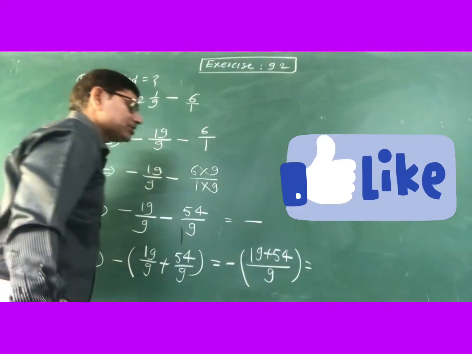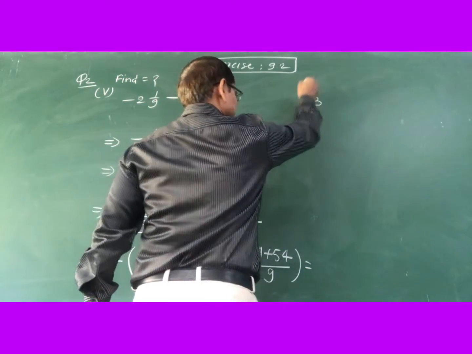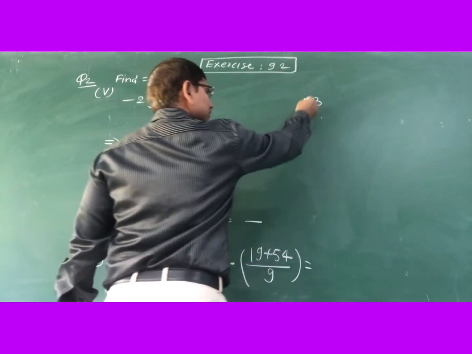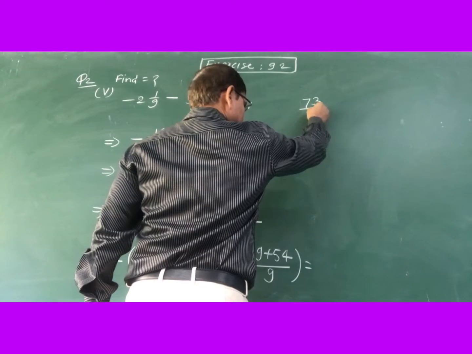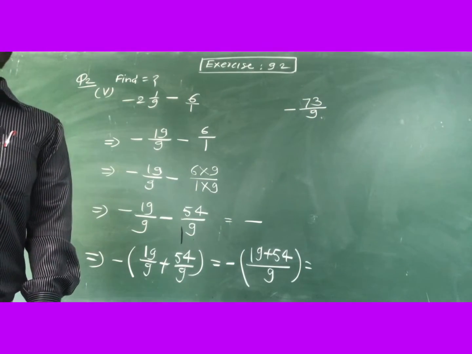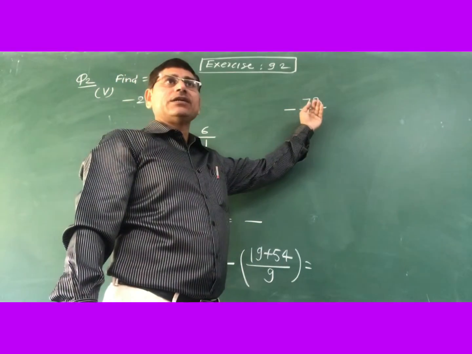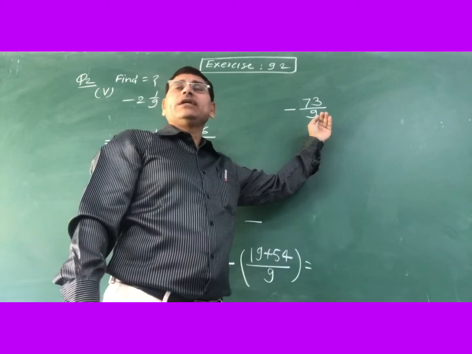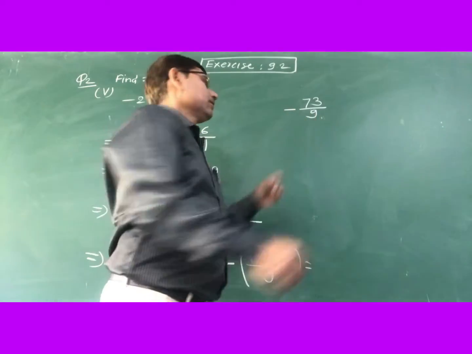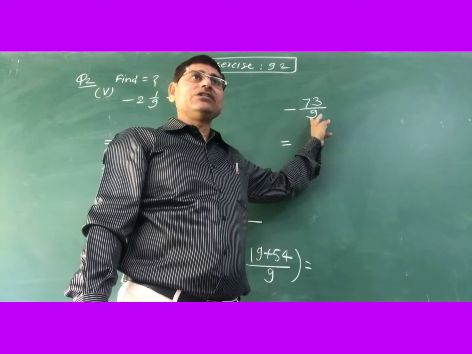So dear, how much is it? 9 and 4? 3, 3. And this is 5. How much? 73 by 9. And here is the negative sign, so you will put the same. Okay. After that you can observe that this is larger than the denominator, so you will convert it into whole numbers, that is 9 8s are 72.